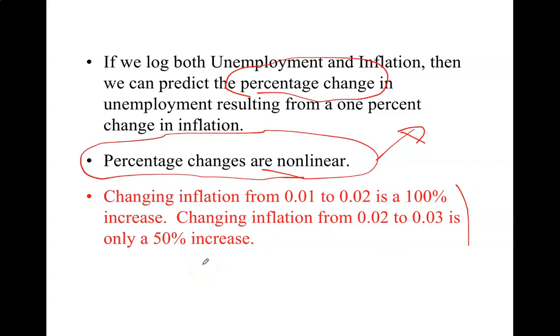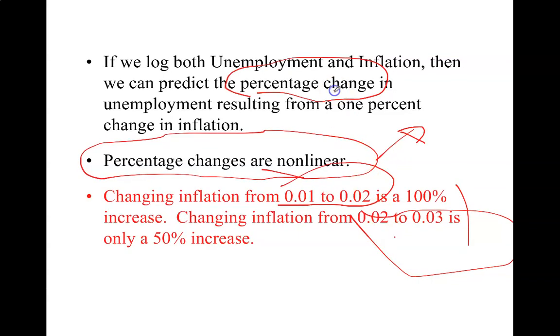You can always refer back to this video to understand what I'm talking about here. So changing inflation from 0.01 to 0.02 is actually a 100% increase. But changing inflation from 0.02 to 0.03 is only a 50% increase. So that's two different things, although we increase by 0.01 in both.